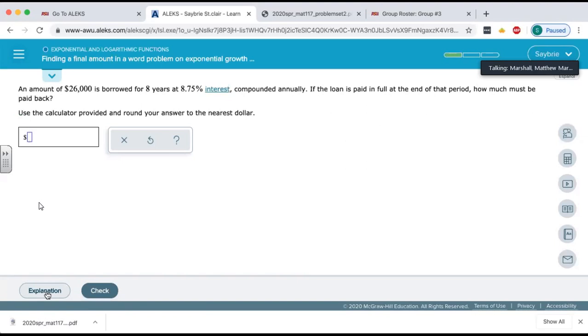Okay, now these are the real ones there. So you take that 26,000 times 0.087 raised to the 8th power. So you have to use your calculator for that one. So I could type mine in exactly, 26,000 times that as a percent is 0.0875. And I'm going to raise that to the 8th power. And hopefully your calculator can do that too.